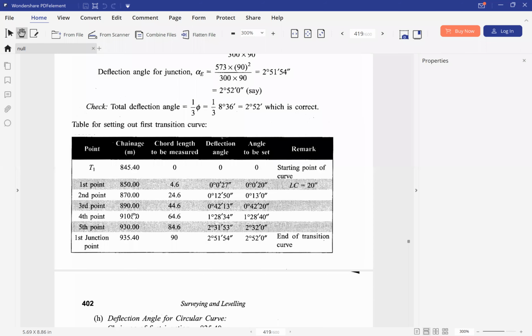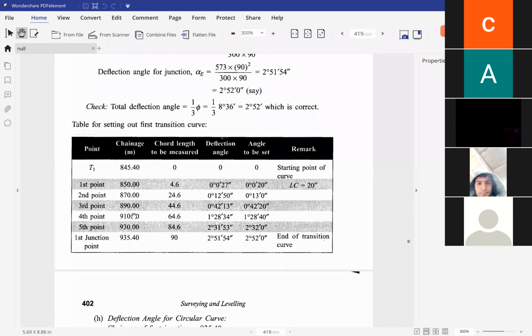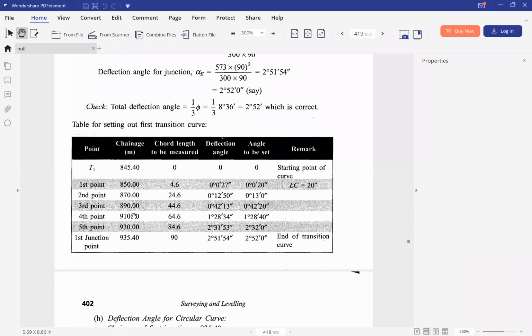The angle to be set is the same as in the previous practice. That will depend upon the least count of your instrument. Since the least count of the instrument is 20 seconds, the first value is 0 degree, 0 minutes and 27 seconds. We know that our instrument will not be able to read this 27 seconds, so we need to make it a round figure.